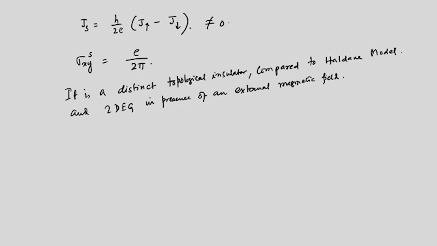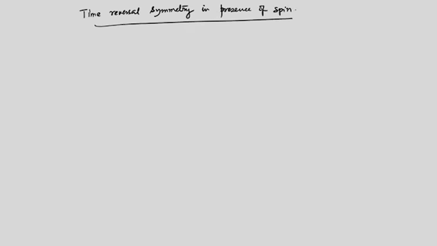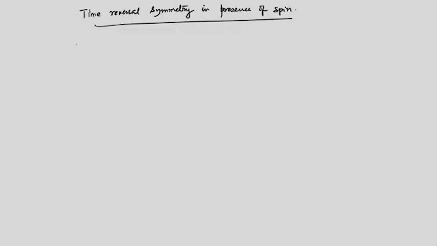Okay. So, in order to understand this better, let me talk about the time reversal symmetry in a spinful model. I mean, a spinful model means a Hamiltonian that includes spin, real spin, or let me write it as in presence of spin. Let me remind you that the time reversal symmetry operator without any spin present in the problem is the complex conjugation operator.